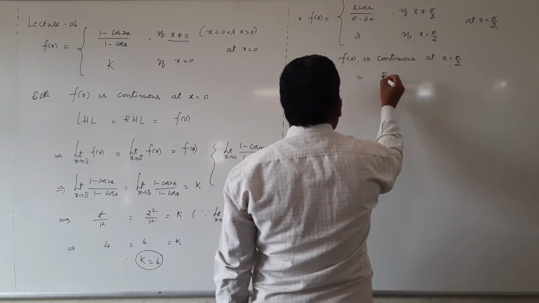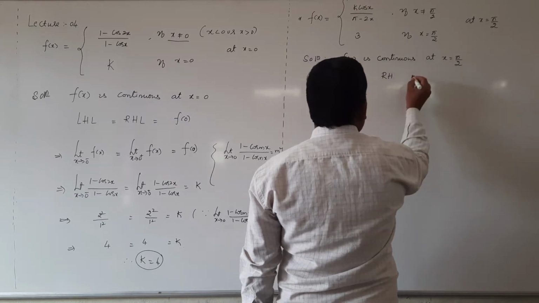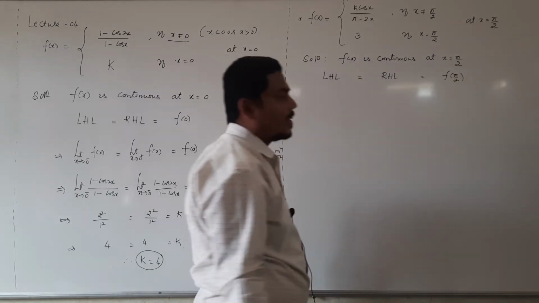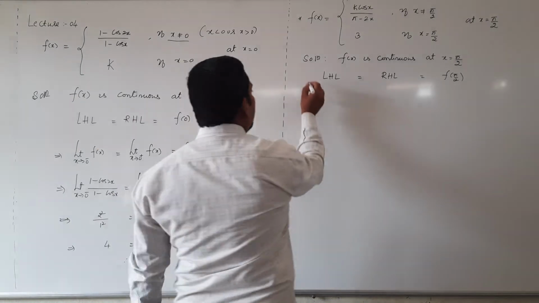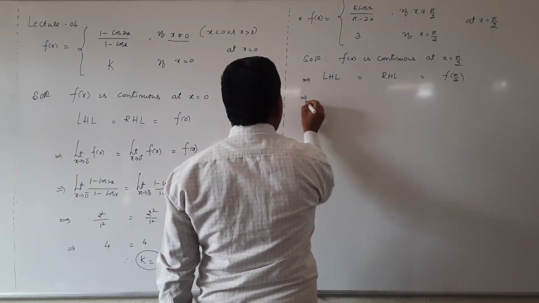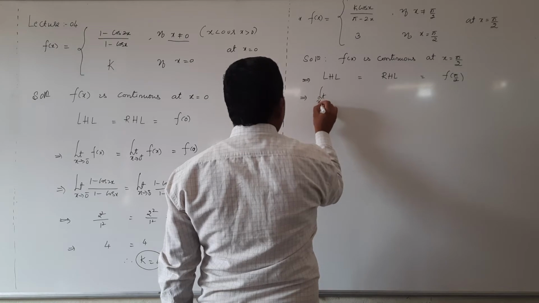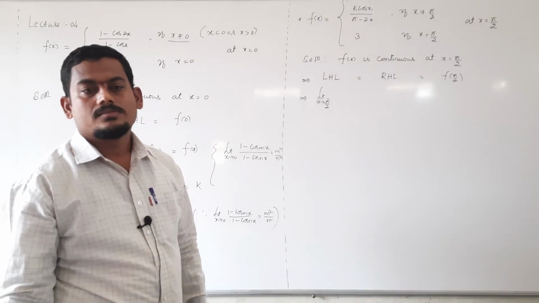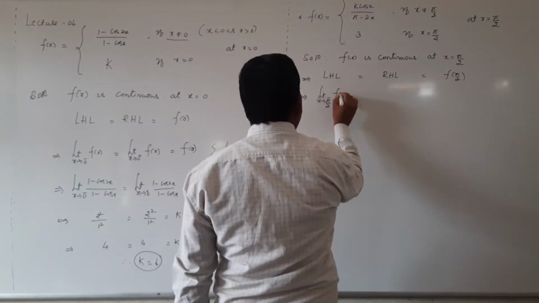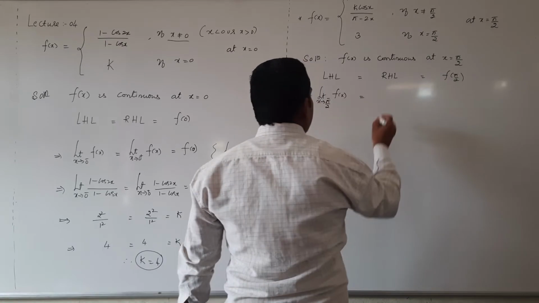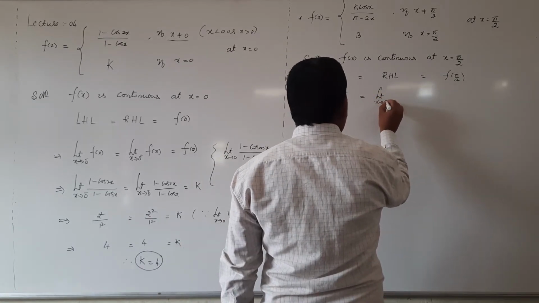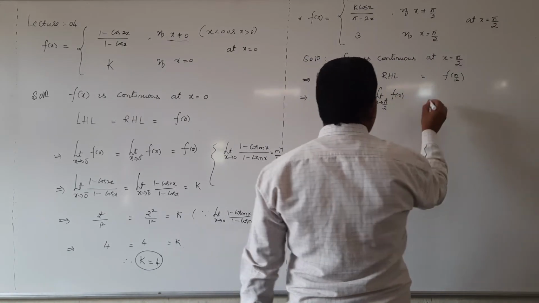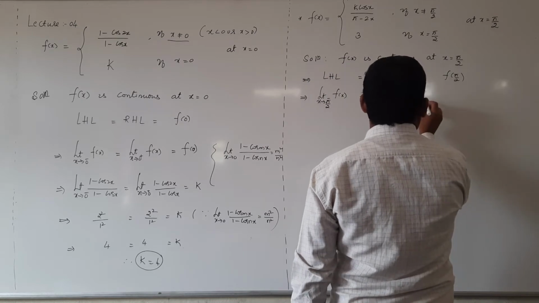LHL equal to RHL is equal to functional value f of pi by 2. Now, left hand limit notation: limit extending to pi by 2 minus f of x, and limit extending to pi by 2 plus f of x, that's equal to f of pi by 2.